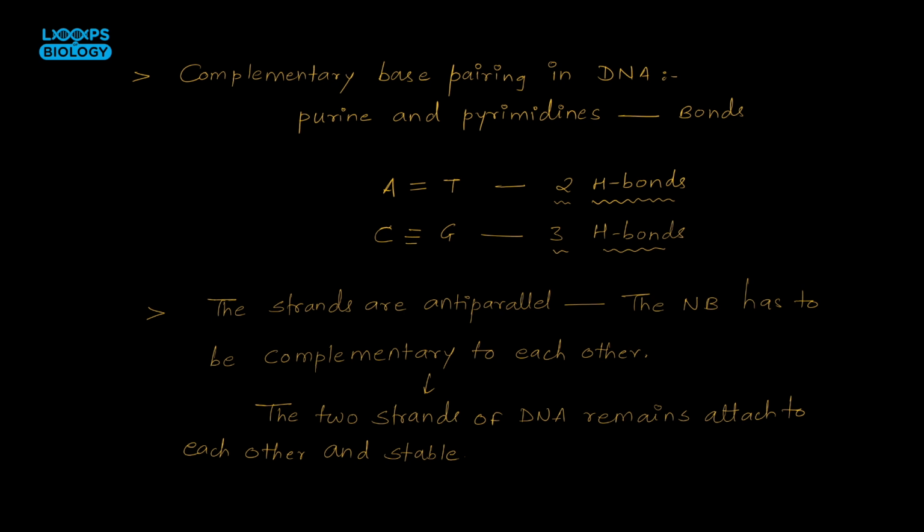Next case is complementary base pairing. Third case, arrangement of strands in antiparallel order. And fourth case is the phosphodiester bond. Got this point? So if I am talking about the complete structure of DNA, these sugars are basically the backbone of your structure.